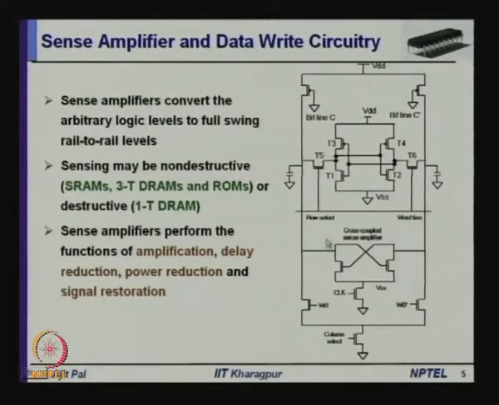Of course, these are common to a large part of the circuit. That means, using the same sense amplifier you can read from a large number of memory bits. So, this part is common and also this part is common. That means, apart from these 6 transistors, other transistors are common to other parts of the circuit.